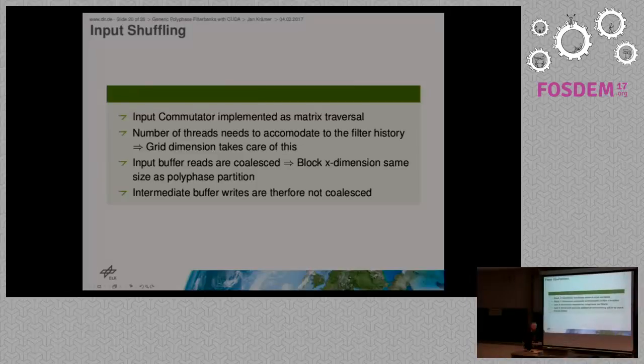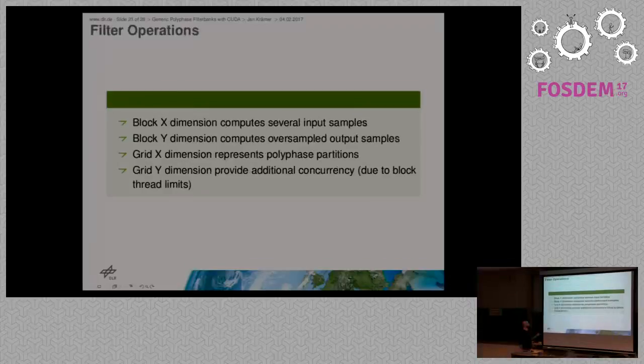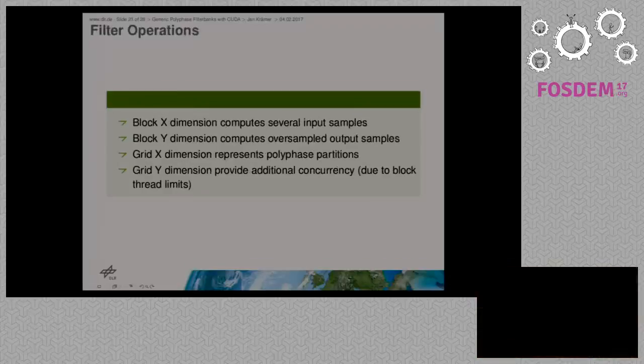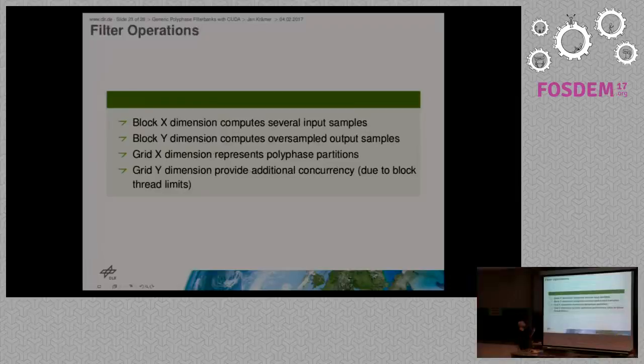So the filter operation, yes, we have a basically 2-dimensional grid and 2-dimensional thread blocks. The first dimension in the block computes several input samples, because we want to maximize our GPU, and if we just calculated one output sample, we would still have a lot of threads idle. So these process several input samples at once.